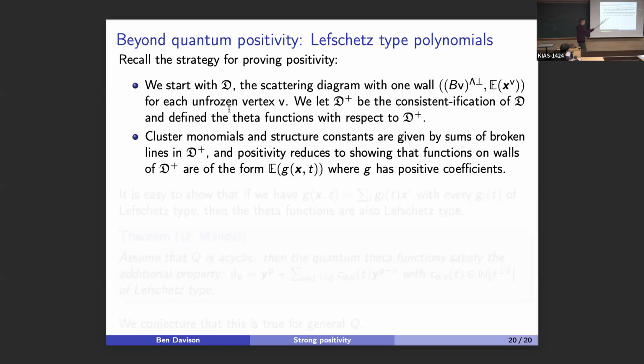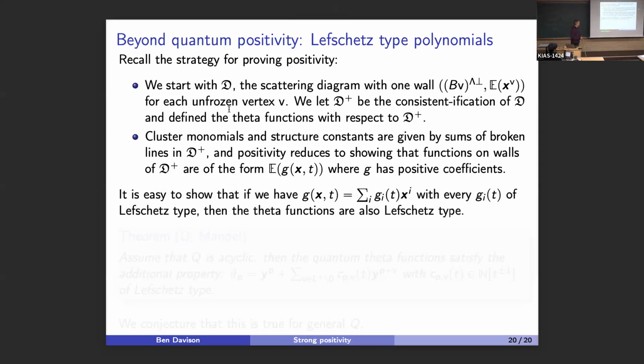And so positivity reduces to showing that the functions on the walls are positive. We use that if the functions on the walls are positive, then all broken lines have positive end monomials. And it's possible to show an analogous thing, that if all of the functions on the walls are of Lefschetz type, then all of the theta functions are of Lefschetz type.